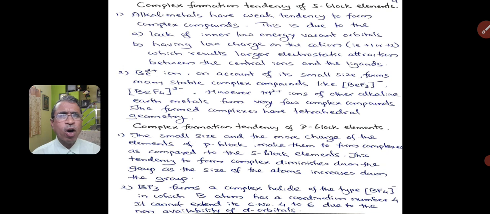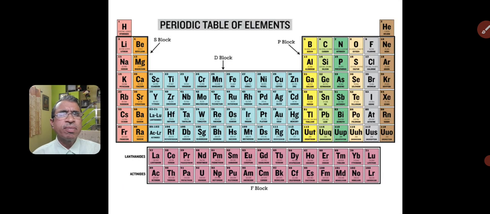Beryllium fluoride forms a complex halide of the type tetrafluoroberylate, in which the beryllium atom has a coordination number 4. It cannot extend its coordination number from 4 to 6 due to the non-availability of d orbitals.